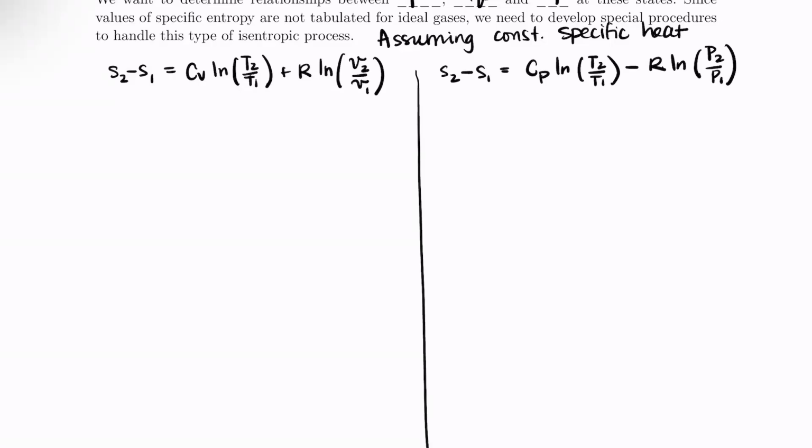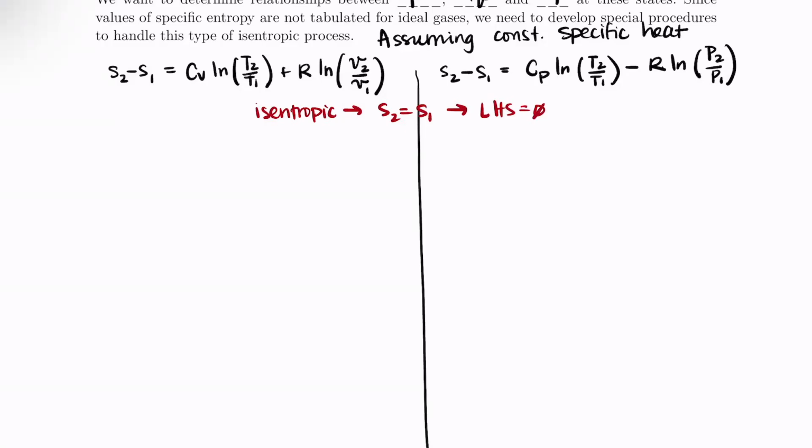So if we have an isentropic process, that means that S2 and S1 are equal. So our left-hand side for both of these is 0, right? So isentropic, S2 equals S1. So left-hand side is 0 for both of these.